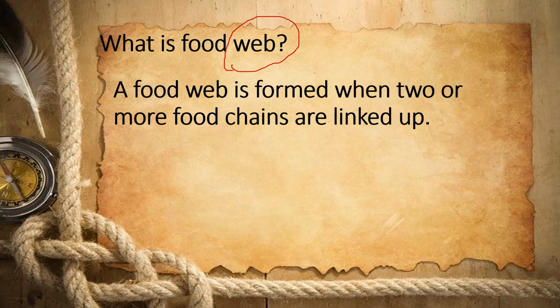Food chain shows the relationship between producer and the consumers, right? So that's the meaning of food chain. And a food web is formed when 2 or more food chains are linked up or joined together. On the next slide, I will be showing you an example of food web.